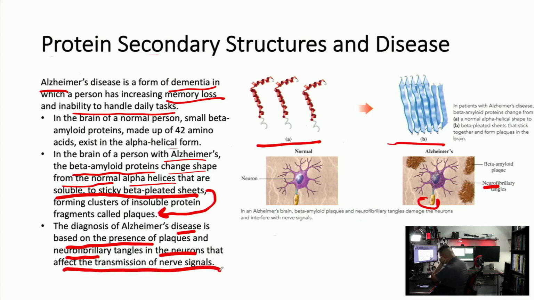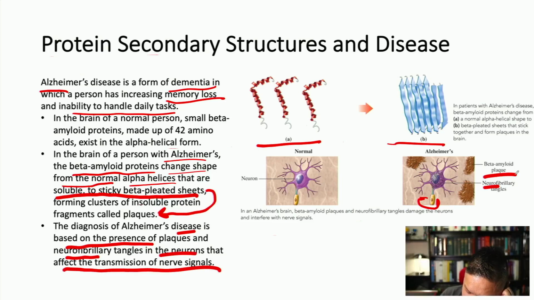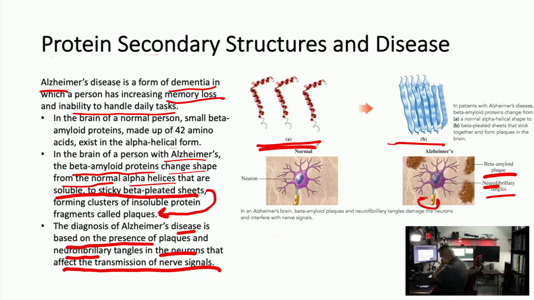So when you have those beta pleated sheets that are not soluble, and you have the neurofibrillary tangles, they inhibit the transmission of nerve signals, and that's what Alzheimer's is about, right? Sadly, there's not a cure for Alzheimer's disease, but if you're ever wondering, that's how it happens. These alpha helices that are normally water soluble become these beta pleated sheets that are insoluble and sticky, right?